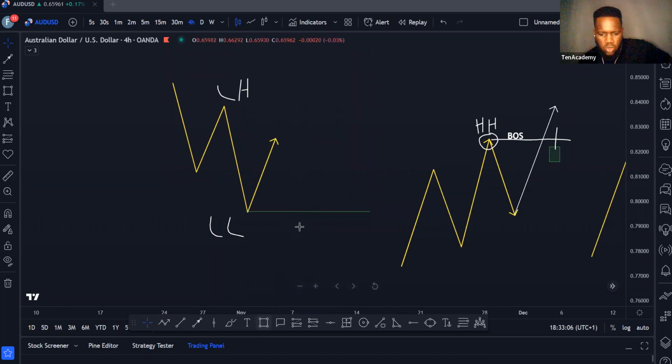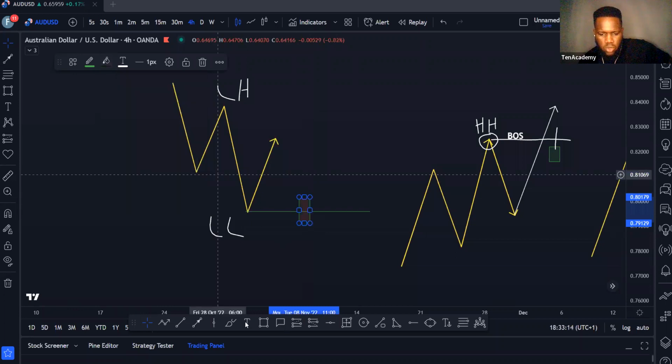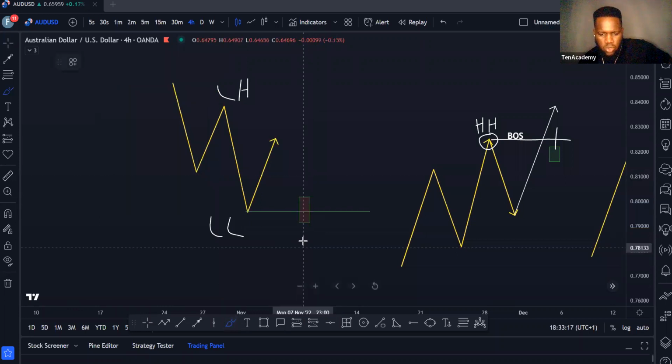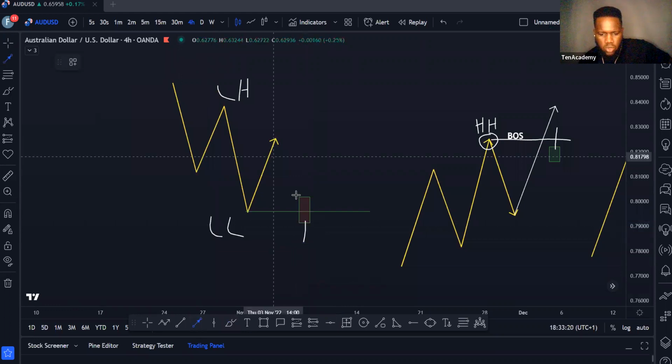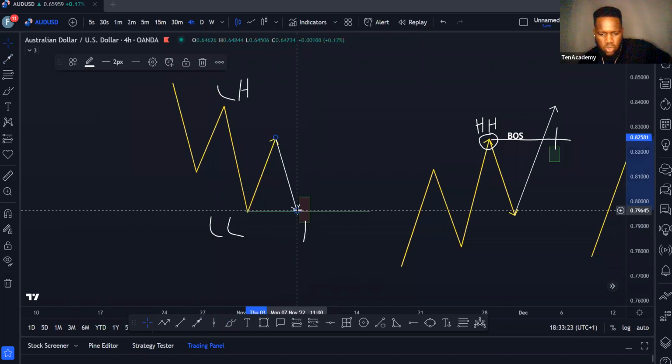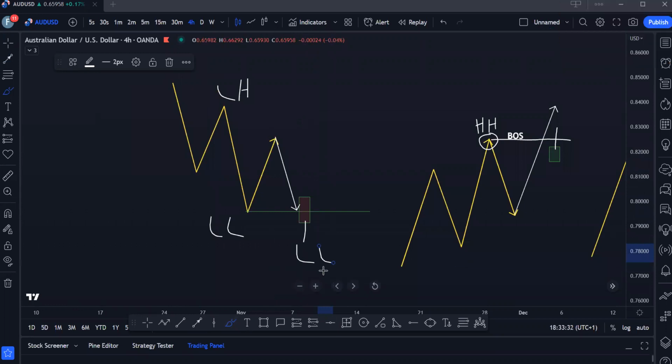The body of the bearish candle needs to close below the zone, like so. It is when this happens that you say price has created a new major structure. In this case, the major structure is a lower low.